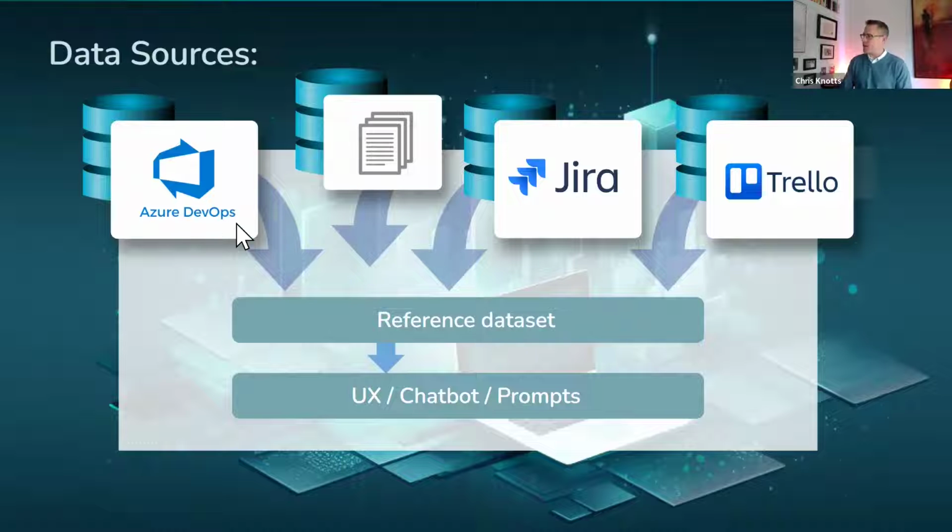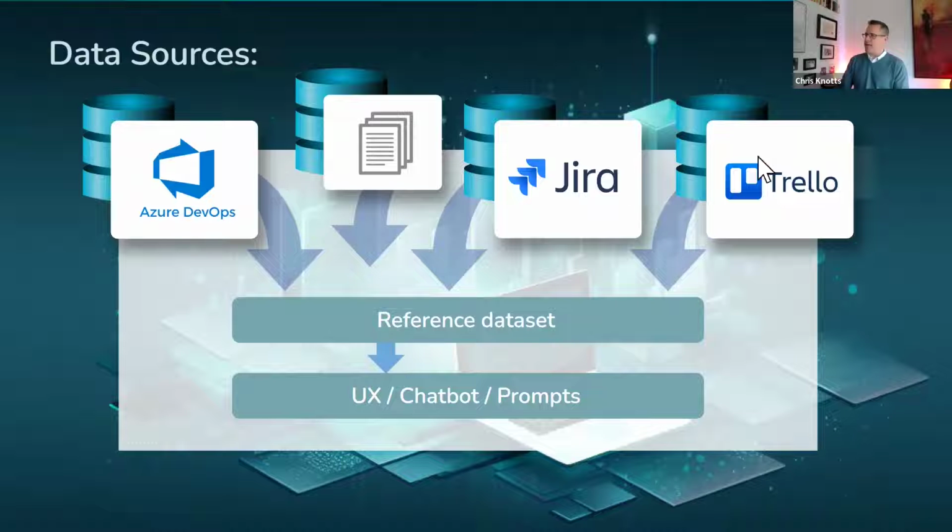Now, we can bring those in as our reference data sets, and with a little bit more sophisticated engineering and maybe some help from our team, we can even aggregate those data sets together, and then that becomes a very powerful source of reference material. So we have a sort of reference data set layer in there, and then there's the user interface layer, where that's what we're usually used to dealing with, the chat bot, and that's where prompting comes in handy to know how to make sure we can get the analysis that we need.